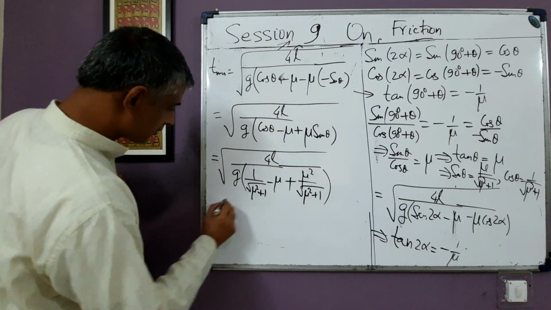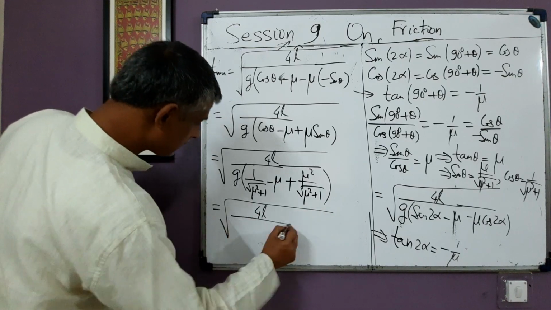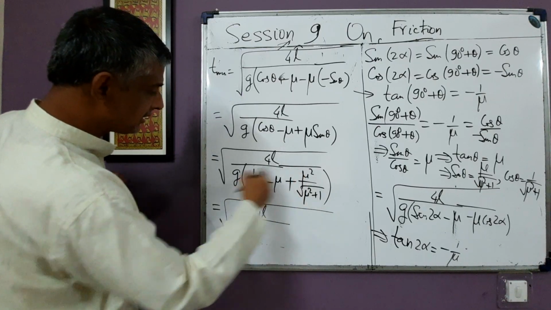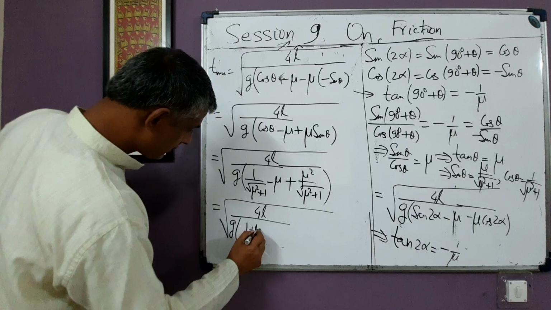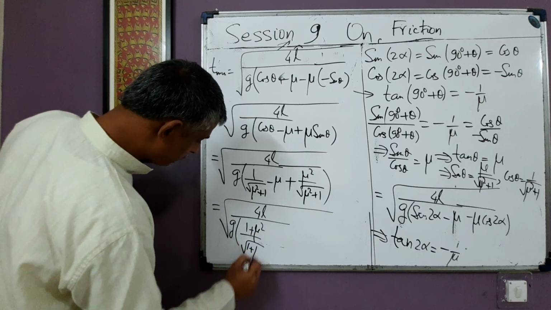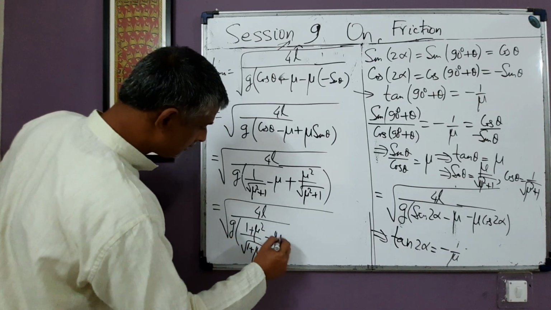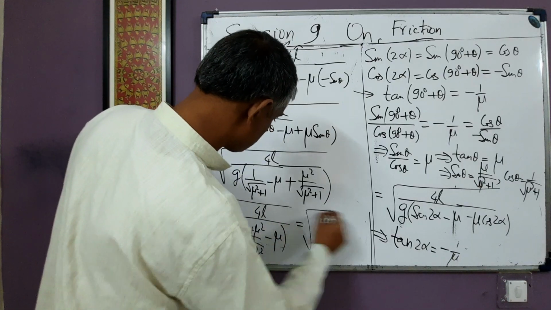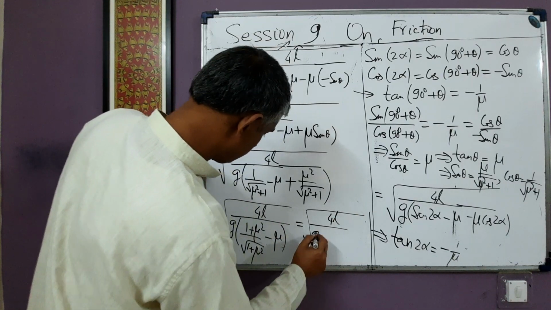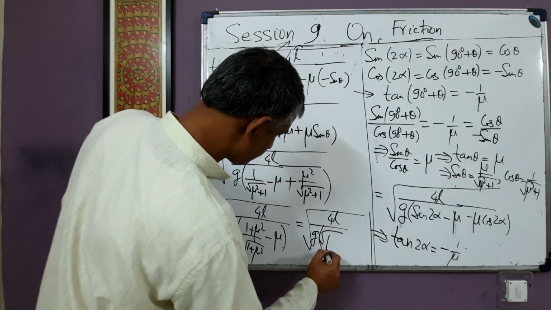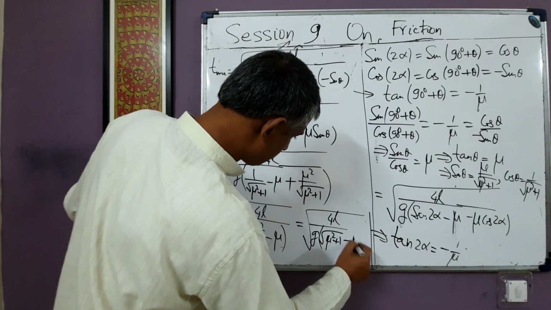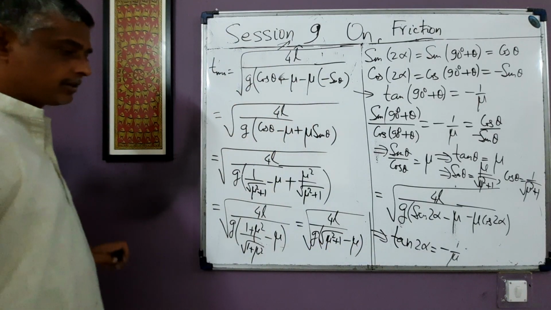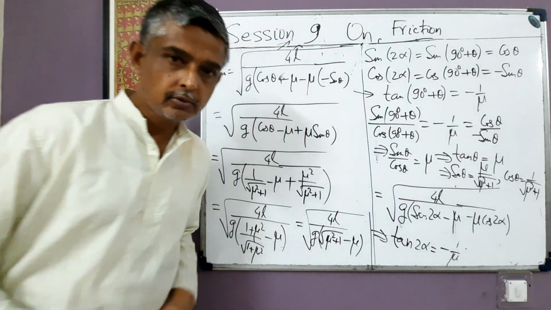So this becomes 4L by g, and this and this we add: 1 plus mu square by root of 1 plus mu square, minus mu. So this becomes 4L by g, root of mu square plus 1 minus mu. This is the required value of T min.